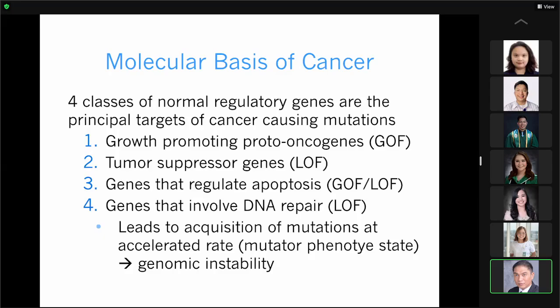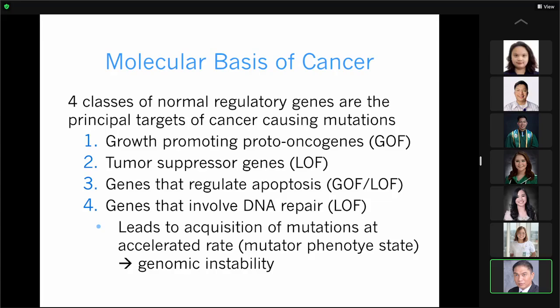There are four classes of regulatory genes that are principal targets. The growth promoting proto-oncogenes, the tumor suppressor genes, genes that regulate apoptosis, and genes that are involved in DNA repair.